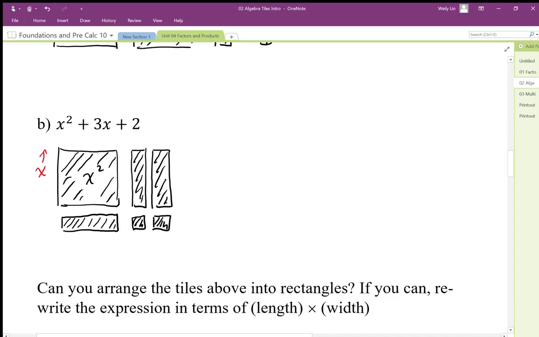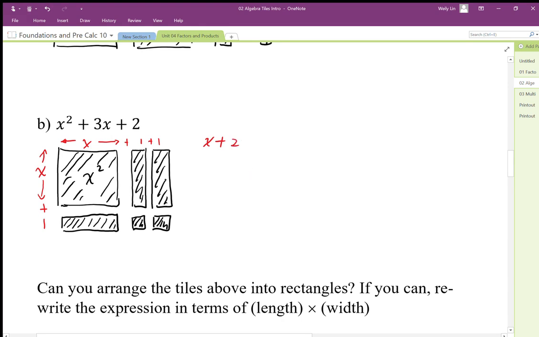Remember that the area is x squared, so the length and width is x here. Along the vertical, I have x and I have 1, so it's going to be x plus 1. Along the horizontal, I have x and then I have 1 and 1, so along that horizontal, I have x plus 2.